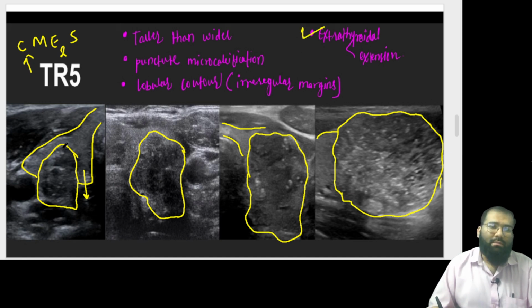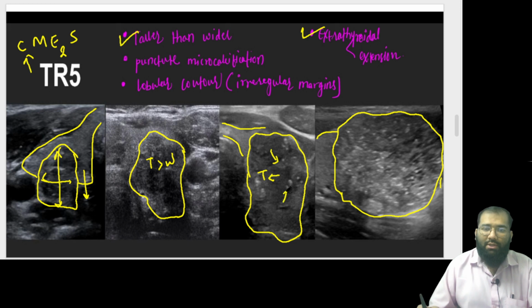Now if you see this lesion, they are taller than wider. See this again, they are more tall than wide. This is again taller than wide. Okay, this is nearly long. So they are taller than wider in shape. If you see echogenic, can you see this?